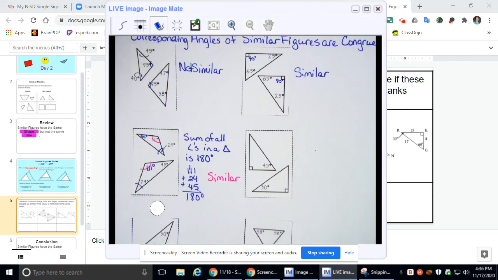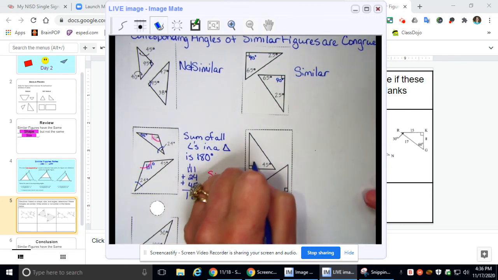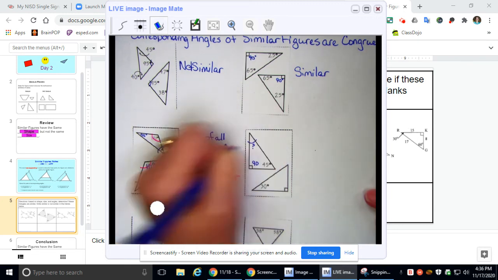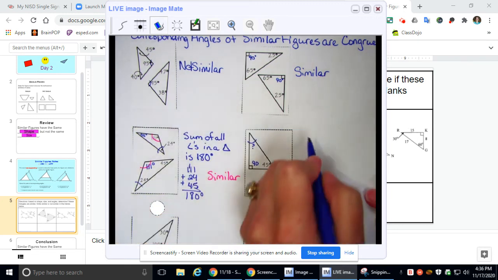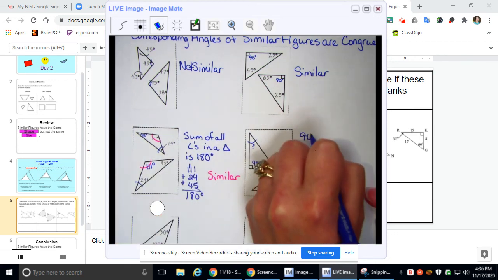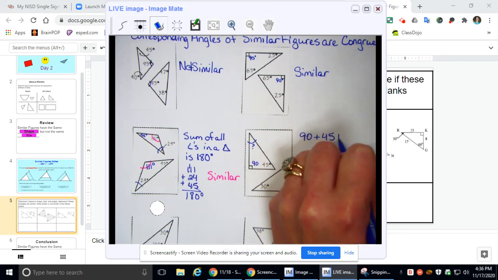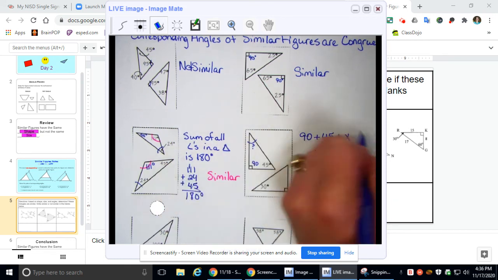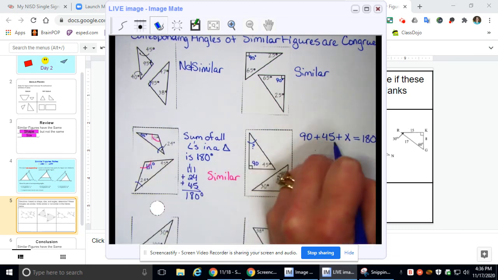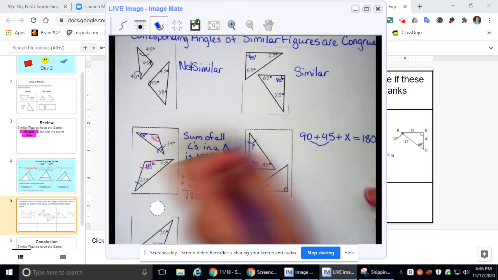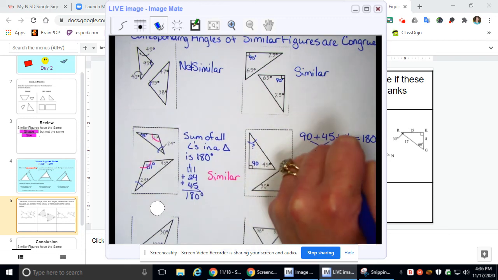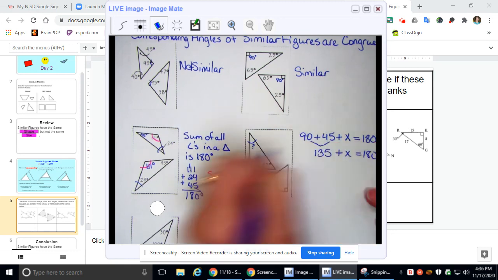All right, so let's try it for another one. Let's see if that works. So we're saying that this is 90, that's 45, and we don't know what this angle is right here, but we can figure it out by doing the sum of all the angles is 180 degrees. So 90 plus 45 plus some number, we'll make that x, equals 180 degrees. Okay, so let's add 90 and 45. So that's going to give us 135 plus x equals 180.